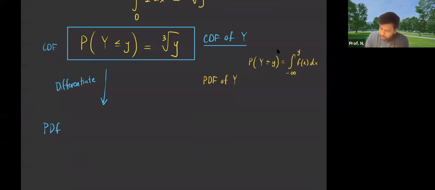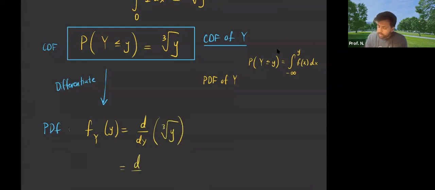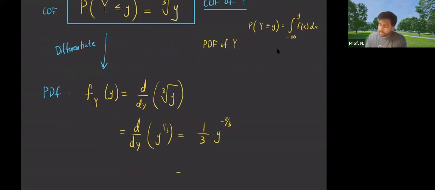So the derivative with respect to y of the CDF, which happens to be the cube root of y, which is the derivative of y to the 1/3, is equal to 1/3 times y to the power of 1 minus 1, you get negative 2/3. So the PDF of y is 1/3 y to the negative 2/3.